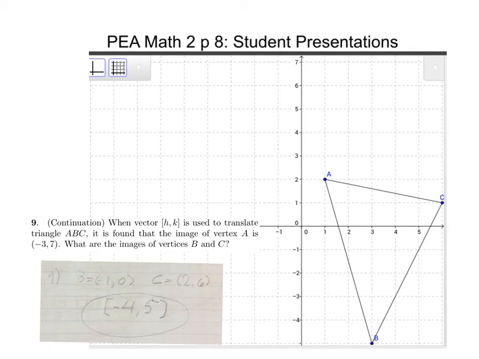Then you can find a vector, which is (-4, 5), and then you can find the point from B to get B prime, which is (-1, 0) with the vector.